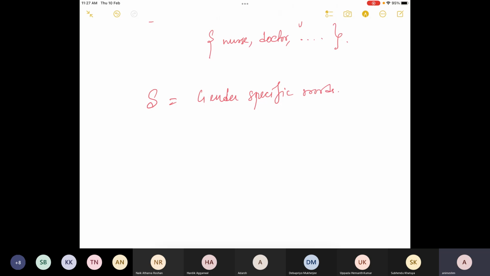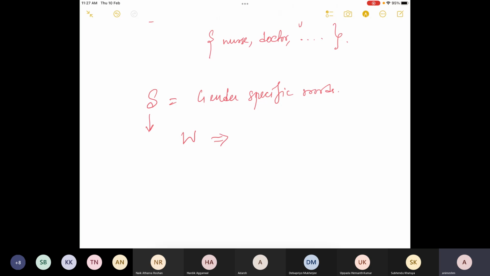So what the authors did, they took up a dictionary and marked all those words that they found to be gender specific in their original set of W words.